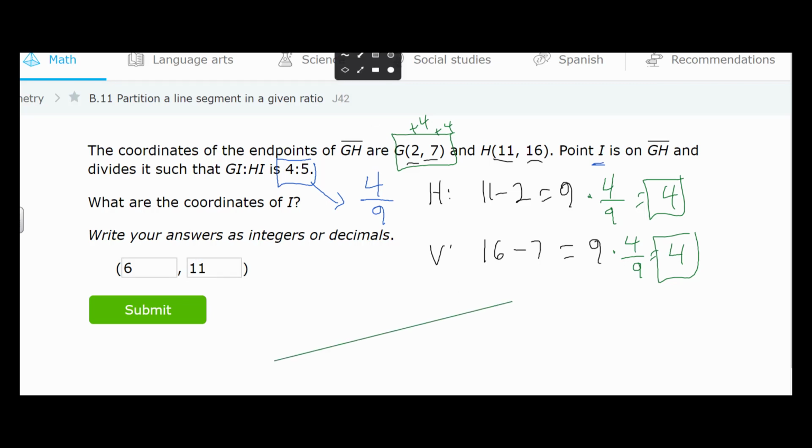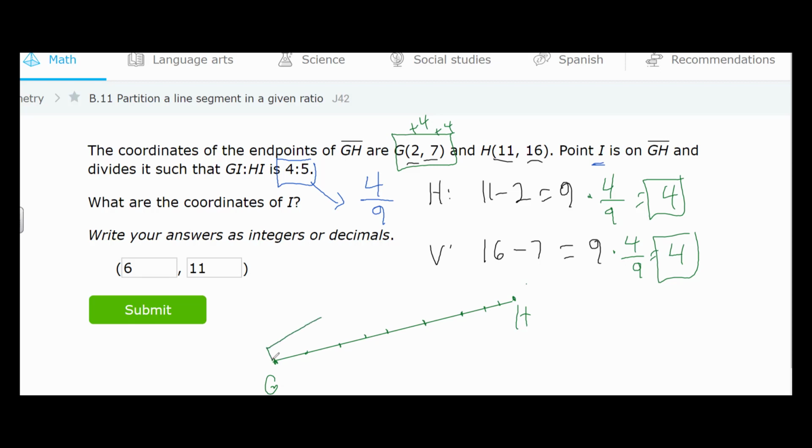Let me draw the segment to give you a visual of what's going on. You have G here, you have H here, and this point is 4/9 of the way. If I break this segment up into nine equal parts, it's not going to be exactly equal, so use your imagination.